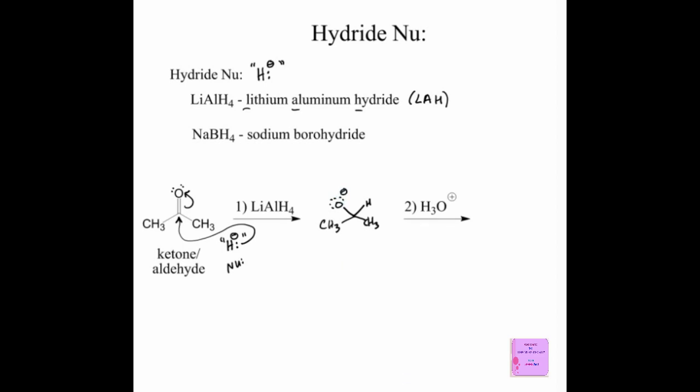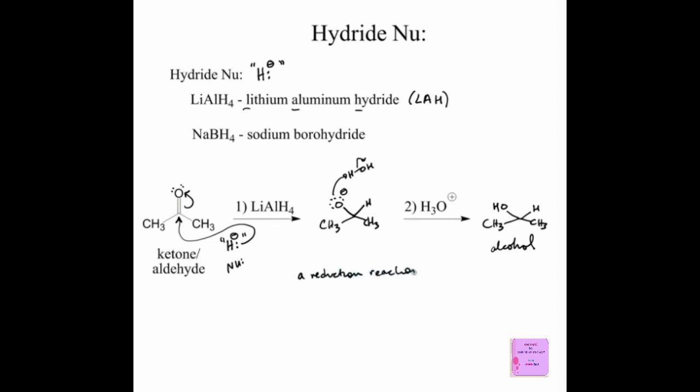So just like with the Grignard, we're going to follow this up with a reaction to get rid of the O minus. Step 2 is some kind of aqueous workup. So step 2, we protonate. And our product is an alcohol. Now this is described as a reduction reaction.